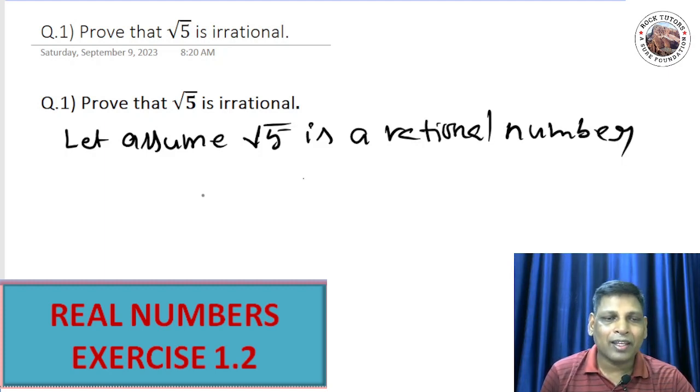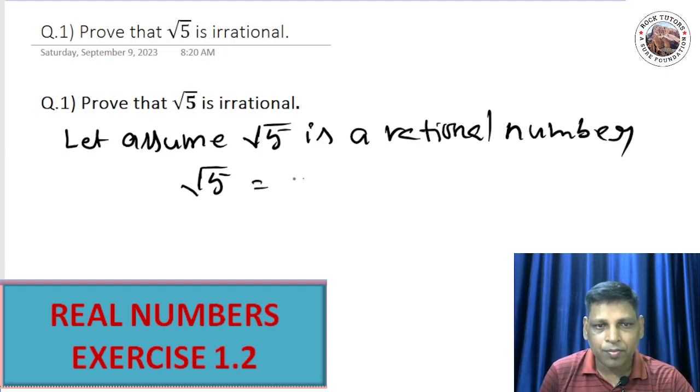That means I can write root 5 is equal to p by q, because root 5 is a rational number, and q is not equal to 0.